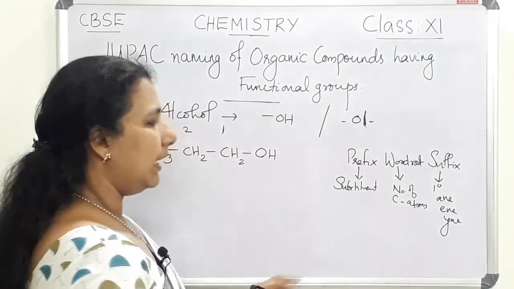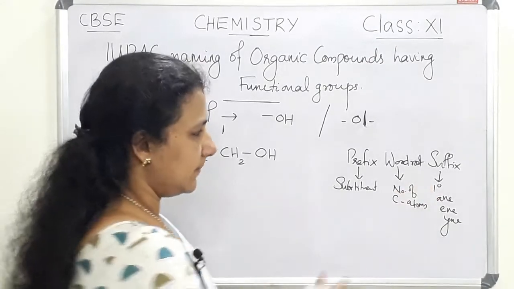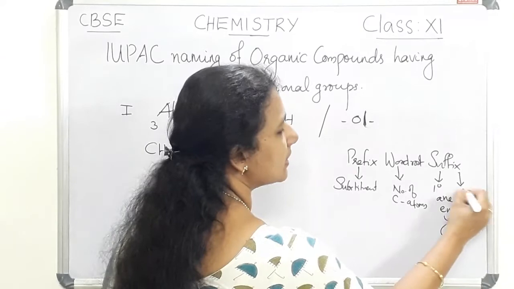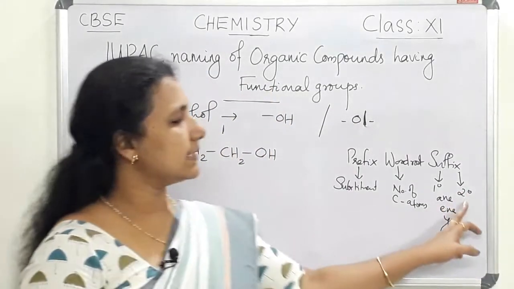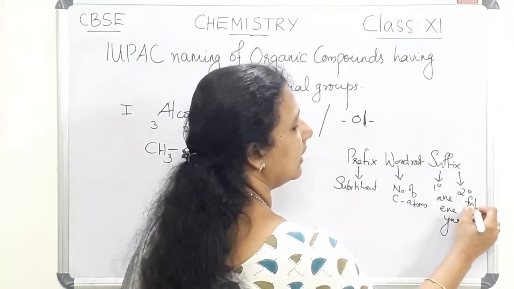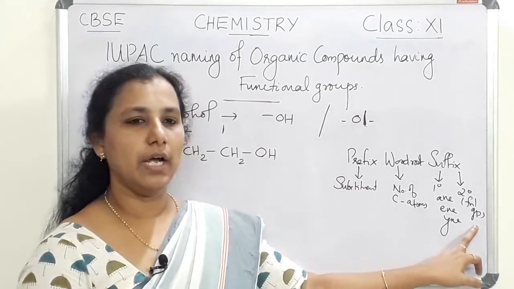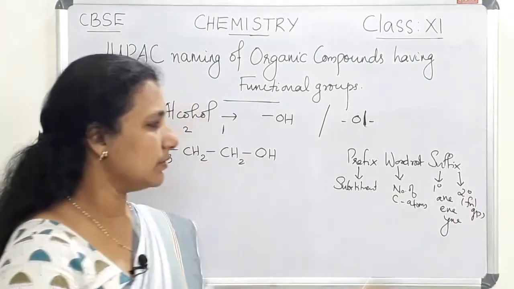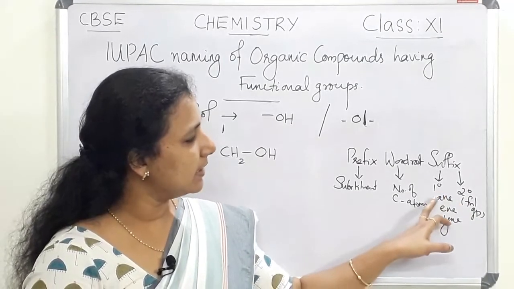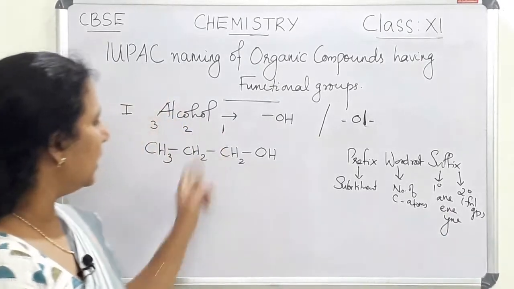In the case of an organic compound with a functional group, we have to add the secondary suffix also. Secondary suffix is actually the functional group. Primary suffix is ANE, ENE or YNE according to the type of bond between carbon atoms.